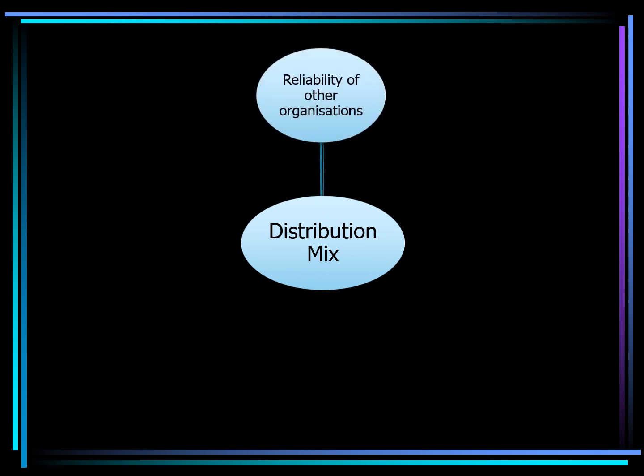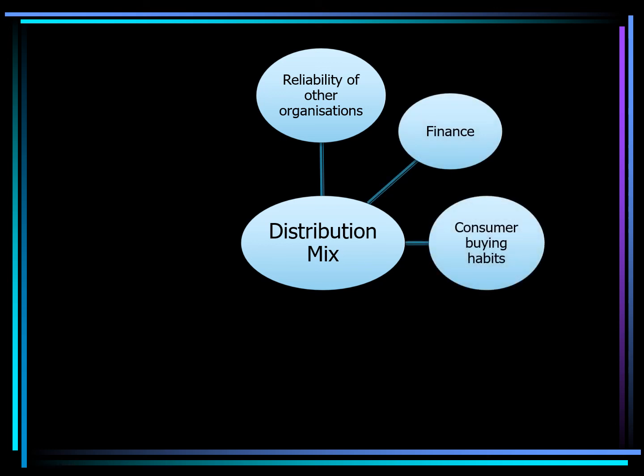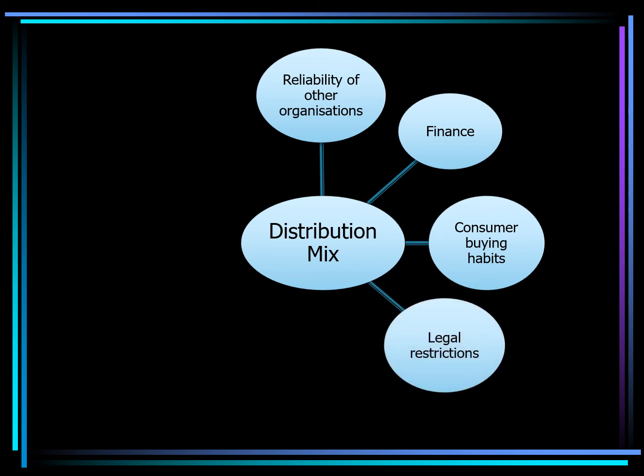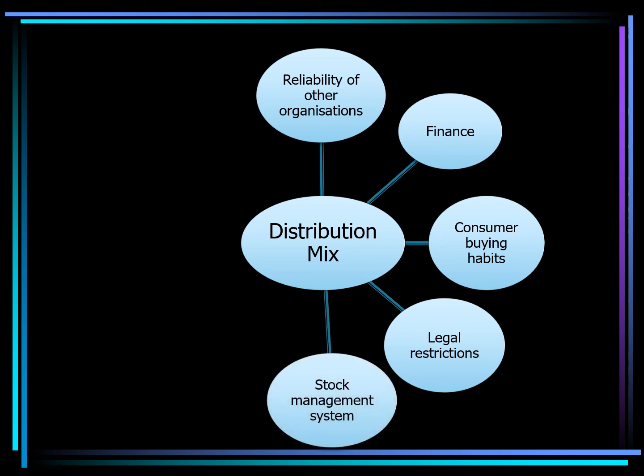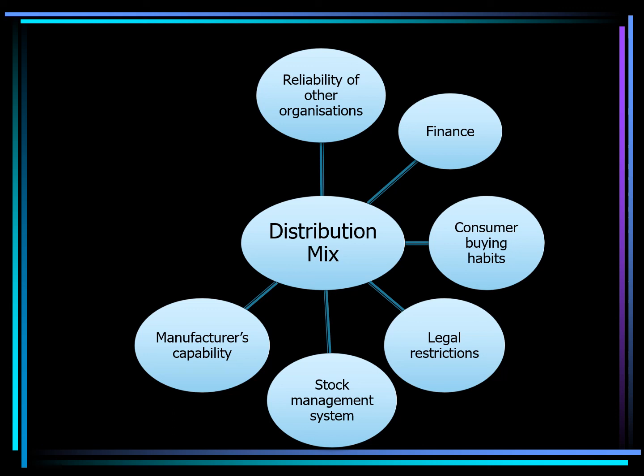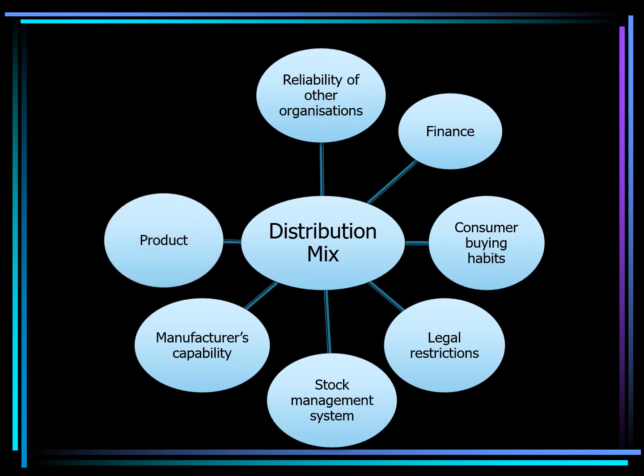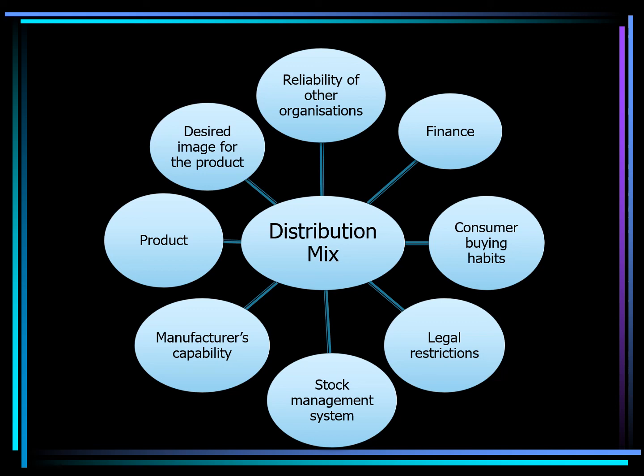You might need to think of the reliability of other organisations that you might need in order to get your products out there, the finance that you have available, consumer buying habits, how quickly your products are bought, any sort of legal restrictions that you might come into contact with, the stock management system, how quickly you can move stock out of your warehouse, how much stock you have in order to fulfil orders, your manufacturer's capability, the product itself, and the desired image for the product.